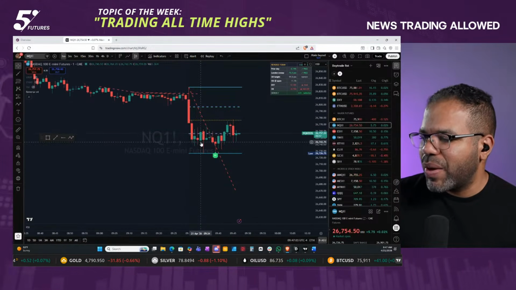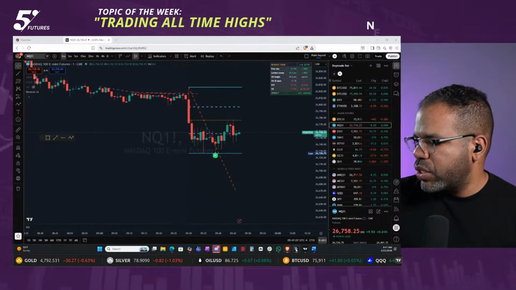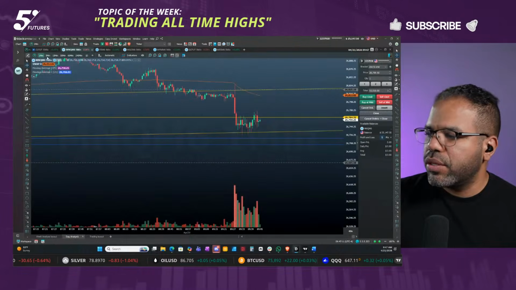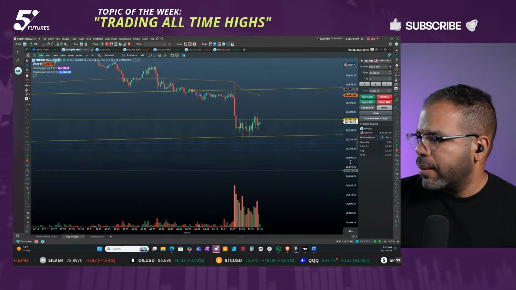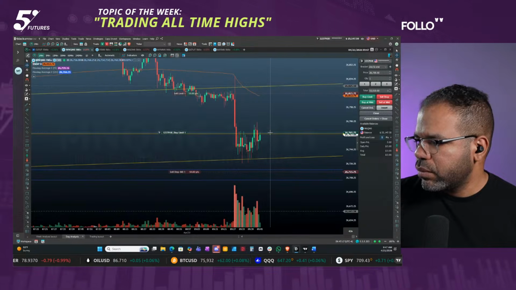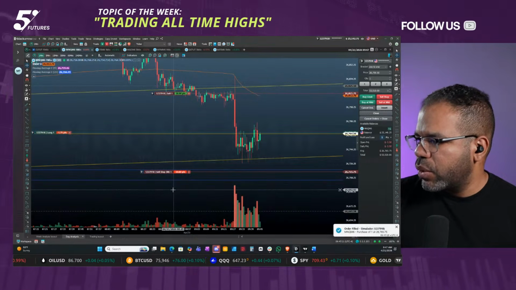That could be a possible setup if we're able to sustain it. Let me see if this makes sense risk-wise on the Qs. This is a possible setup. So we'll take that one.